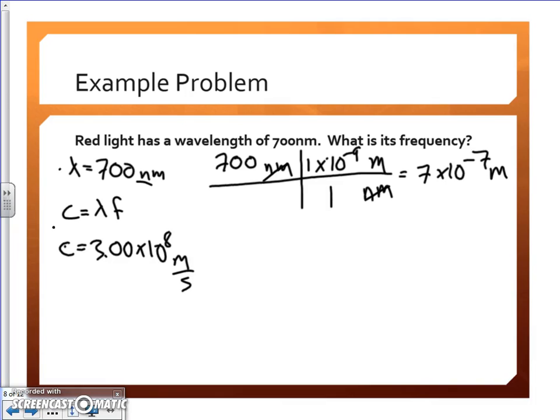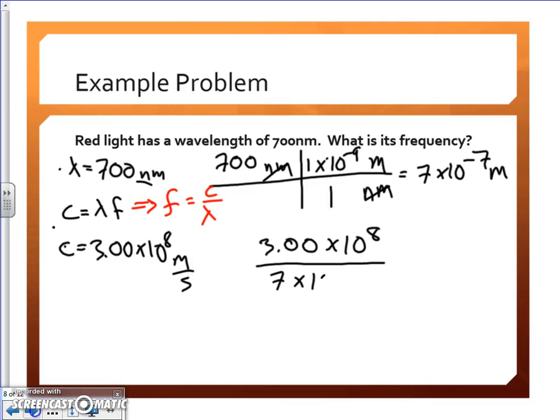Now that I have it in meters, I can just plug it right into the equation. I like to rearrange the equation, so if I'm looking for frequency, frequency is equal to c divided by lambda, or c divided by wavelength. So I'm going to do 3.00 times 10 to the 8th divided by the wavelength that I just changed, 7 times 10 to the negative 7th.